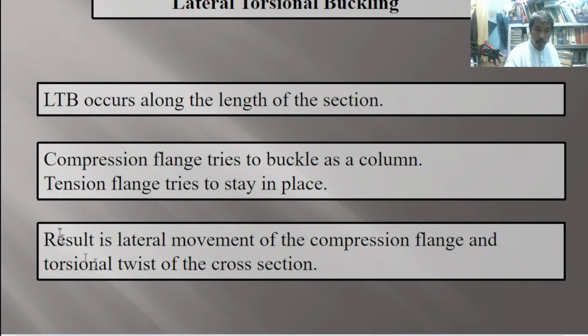So the result is a lateral movement of the compression flange and torsional twist of the cross section because of this. So this is the reason. Because compression always tries to buckle as a column, while the tension flange tries to stay in place.